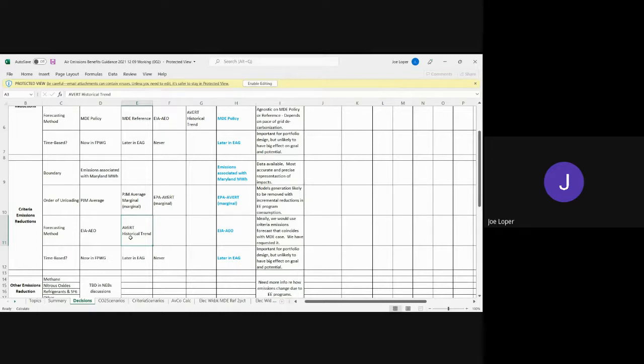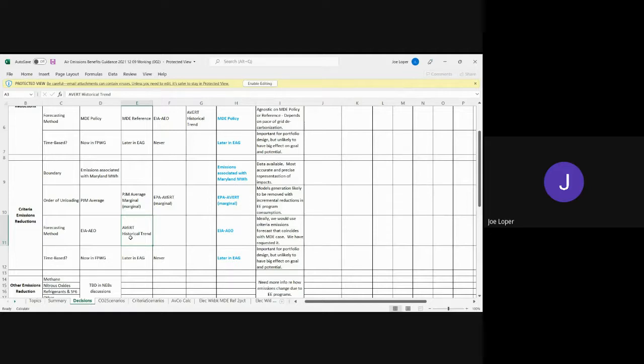So if we can get it, something that corresponds with the MDE case, and by that what I mean is MDE has for GHG projected out what the emissions will be in the policy case and in a reference case. And associated with that are certain generation resources from which they then calculate their GHG emissions.